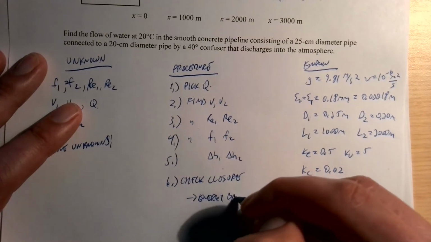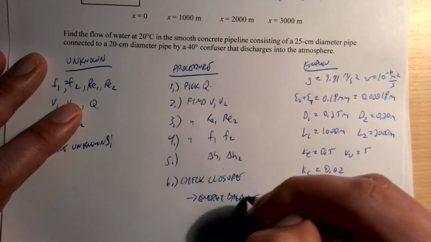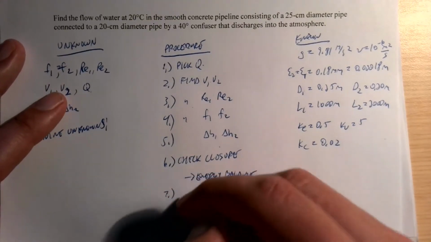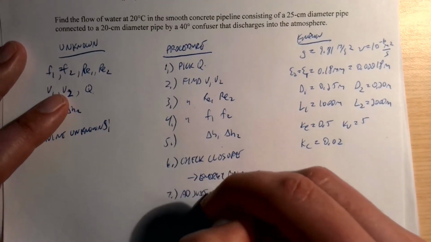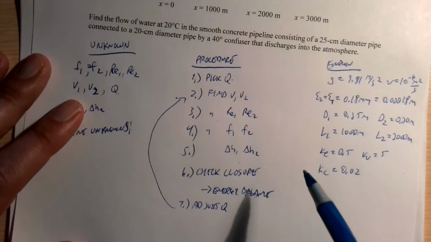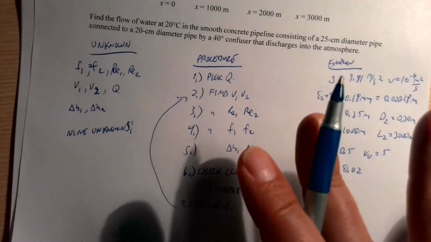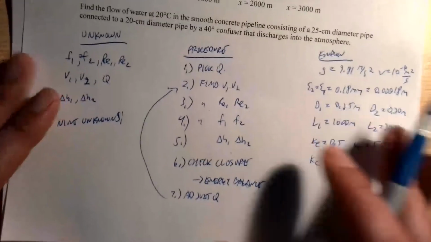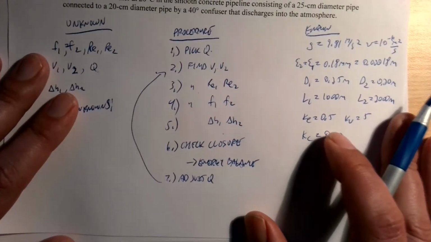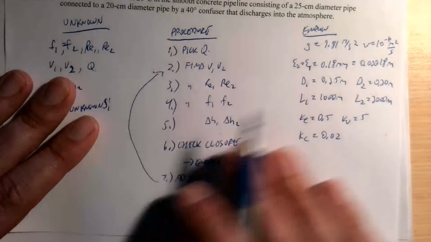We see if that's right, and then we adjust Q, go back, and repeat everything until we get the right one. If we do this correctly, we don't have to iterate a lot, but this is why it's easier to do this in Excel. I will do this one to show you how. So that's the procedure we're going to use.